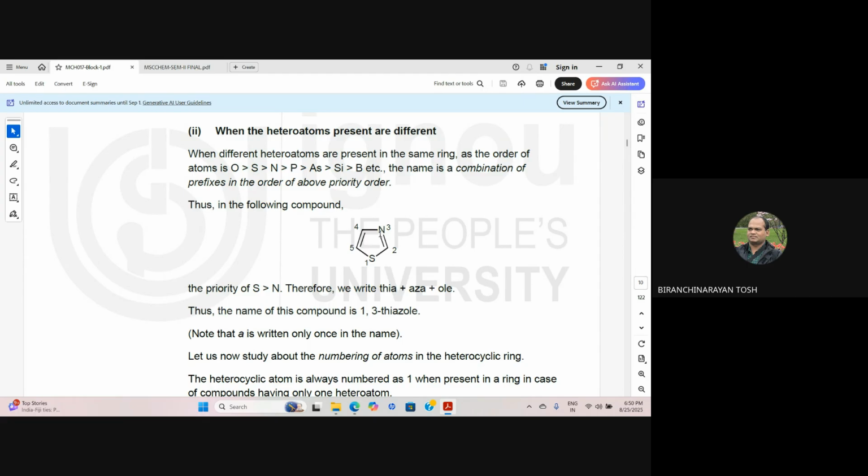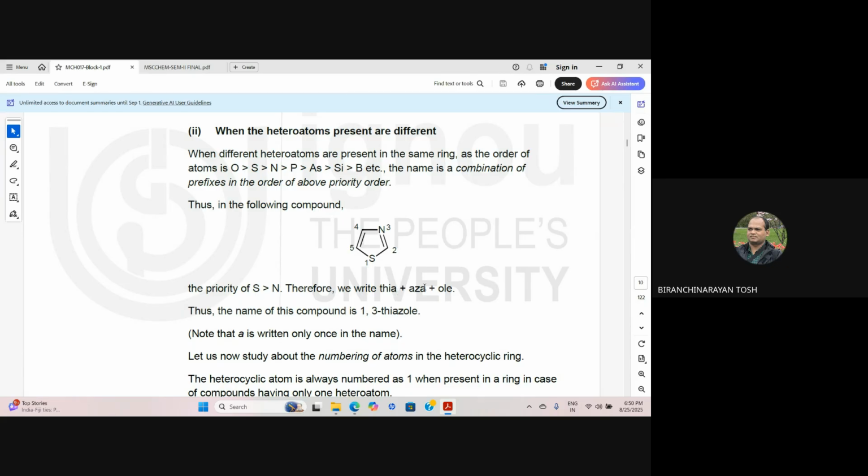Then for sulfur, we first have thia. For nitrogen, it is aza. And as it is a 5-membered ring, the suffix will be ole. So thia, aza, ole, and one A we have to remove. So thiazole.